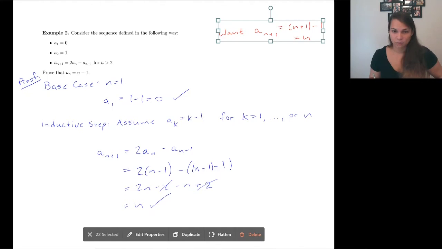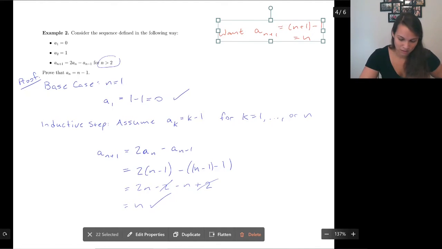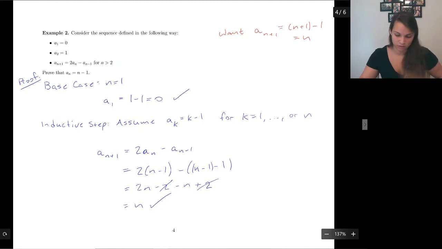I am not going to put the box down saying that I've proved this yet. There's one more problem. This formula only works for n bigger than 2. So in order for this to work, if my n plus 1 were to be 2, so if n equals 1, I need to rely on 2 previous terms.